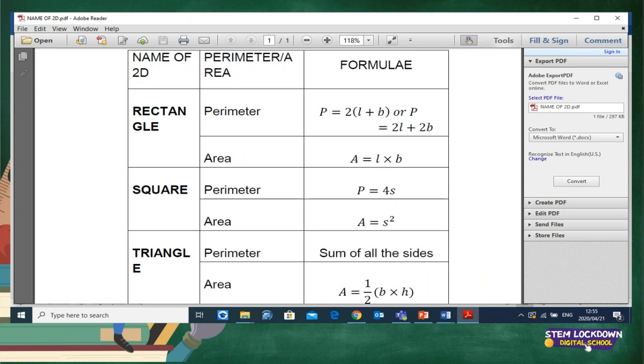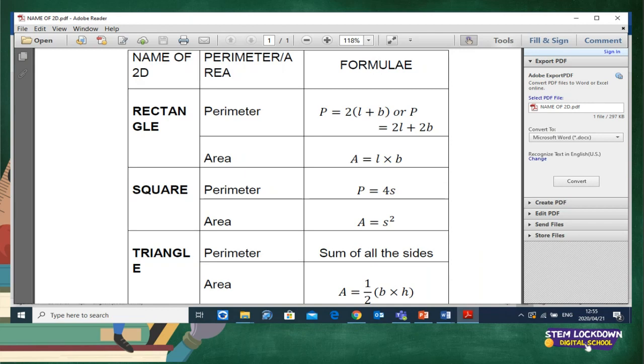So those 3 sides will not apply. You just say the sum of all sides. So you add all the 3 sides together, but you don't multiply a side by 3, unlike your square. That is the perimeter of the triangle.